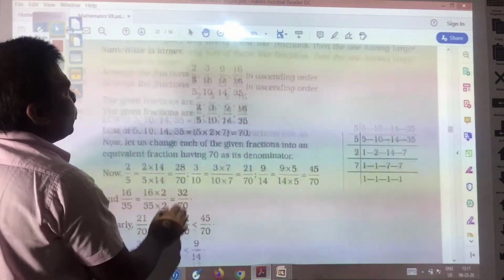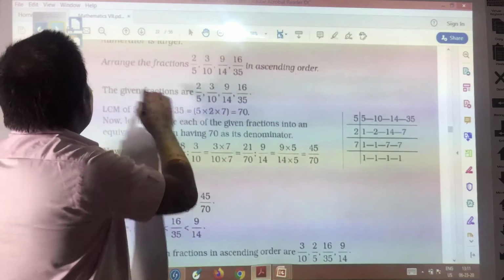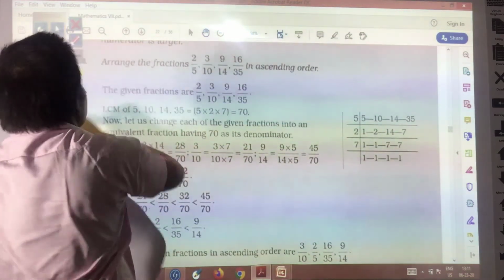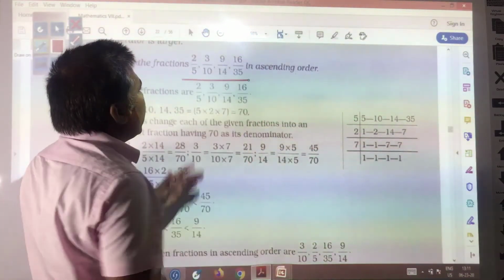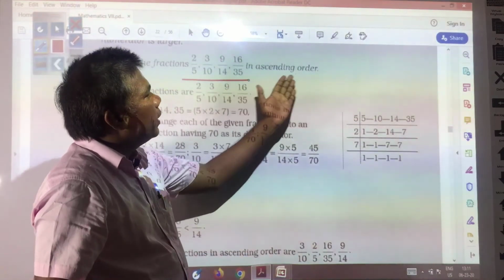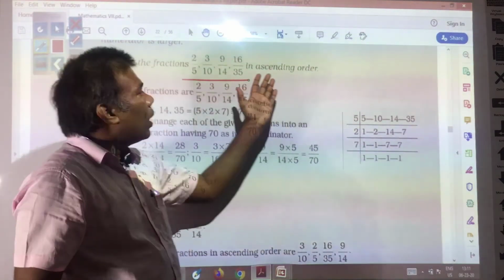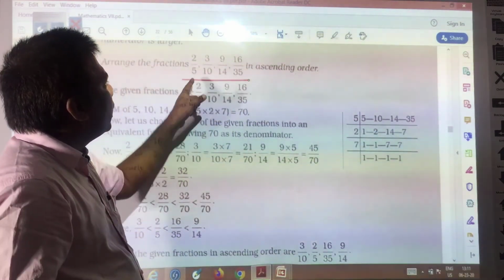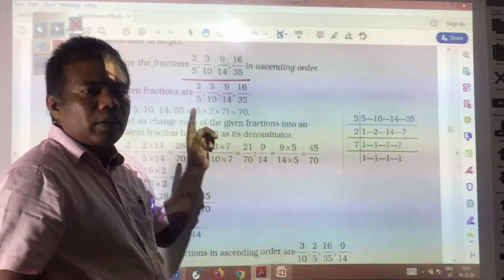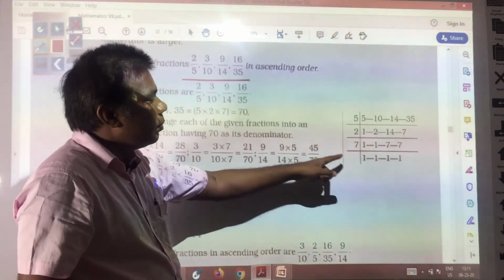So what steps we followed? If any question asks you to write in ascending order or descending order, what steps are required? All the denominators you write down, find out the LCM.